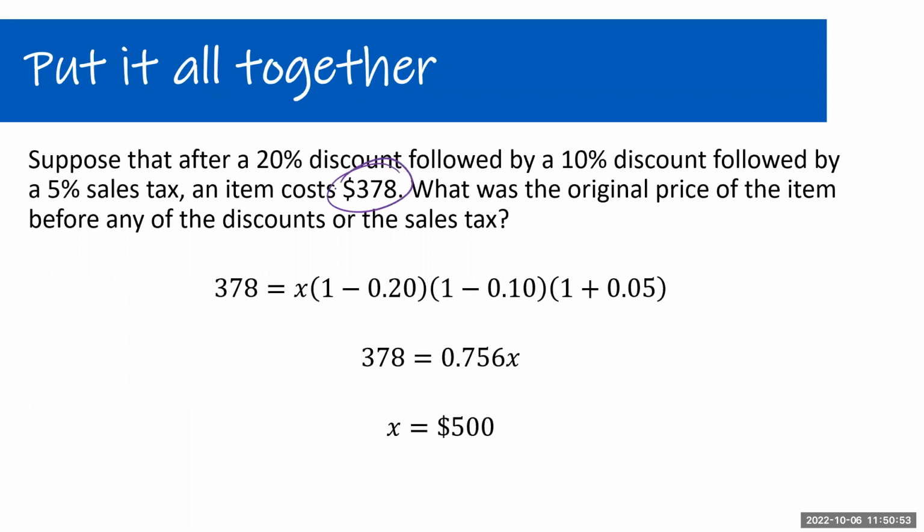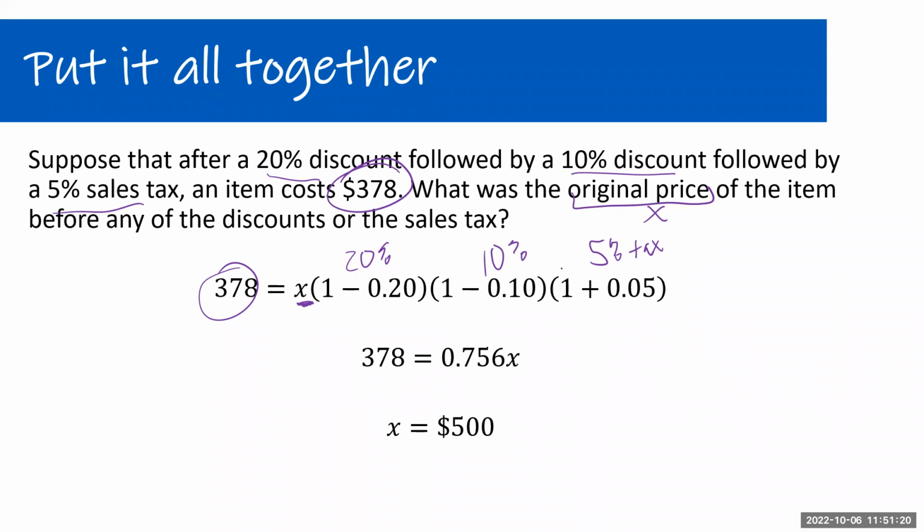We also know that there's a 20% discount and a 10% discount and 5% sales tax. So here's our 20% discount, here's our 10% discount, here's our 5% tax. Okay. We also know that the resulting price, not the original price, was $378. We do not know the original price. That's going to be X.